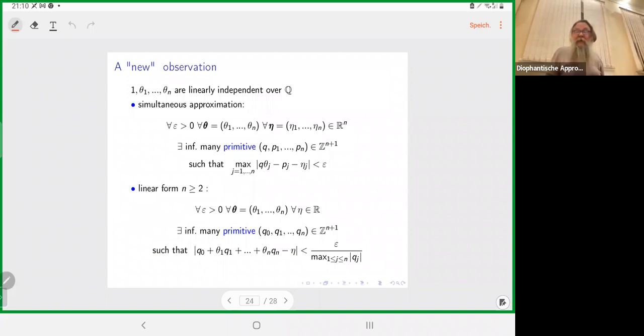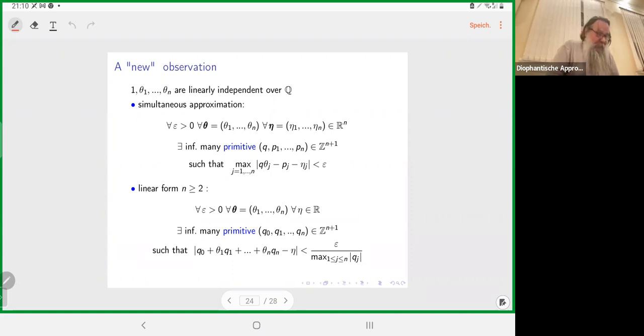But I want to say that if we consider the multidimensional setting with coprime approximation, when we approximate not one number but a subspace of high dimension, then everything becomes trivial.